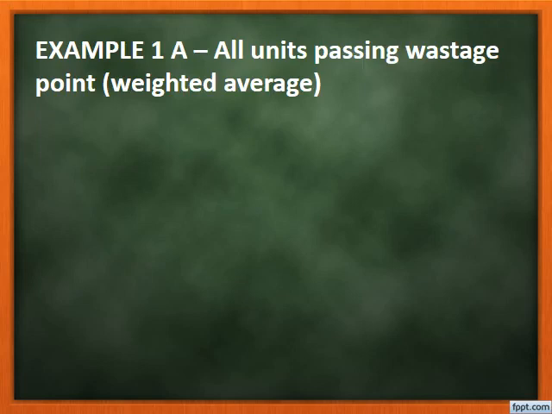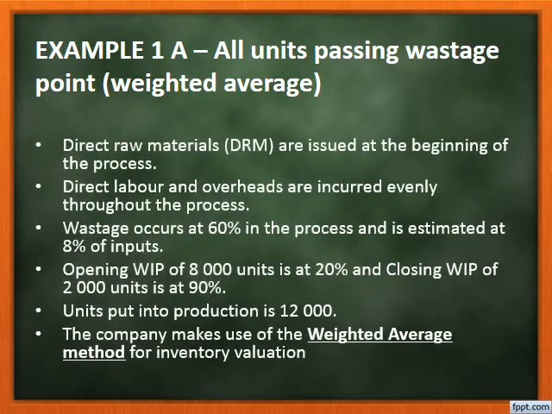Let us use an example where all units are passing the wastage point in the current period using the weighted average method. For this example, you can accept the following. Direct raw materials are issued at the beginning of the process. Direct labor and overheads are incurred evenly throughout the process.